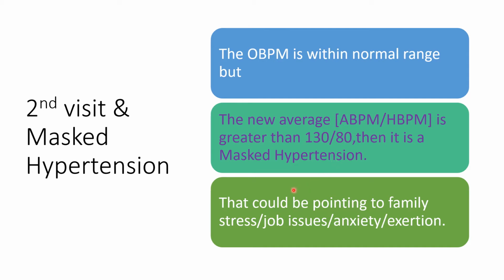That is pointing to the fact that there is something bothering this man or woman at the family level, or there is some stress somewhere that we don't know, but the affected individual is aware of, or could be job issues, or anxiety, or overexertion. So it's not going to be ordinary. Something is bothering him or her. We need to delve into that.